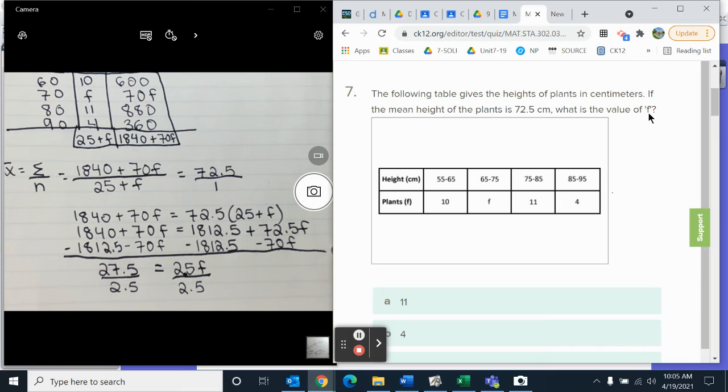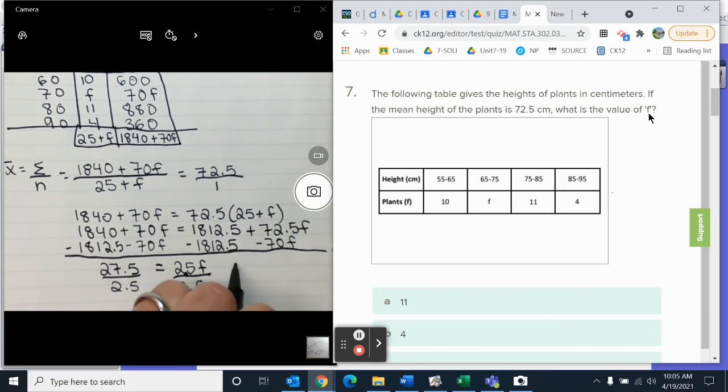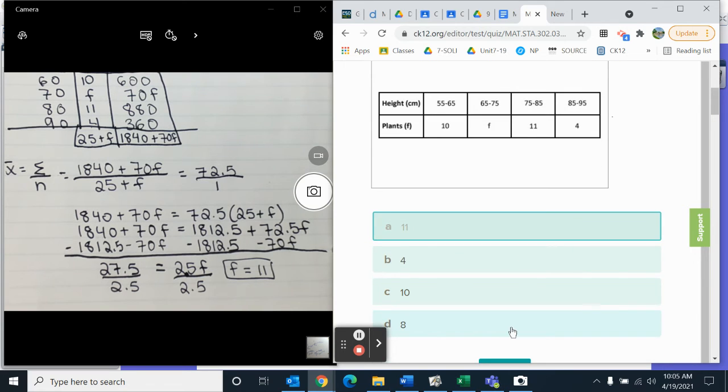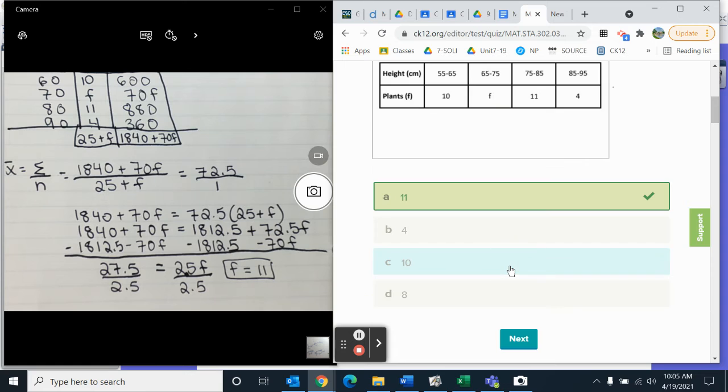And when we divide, we get exactly 11. So there were 11 plants that were between 65 and 75 centimeters in height. Select 11. You see that's correct. Let's keep going.